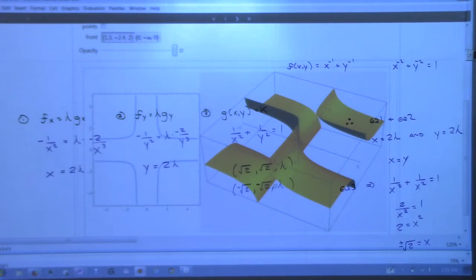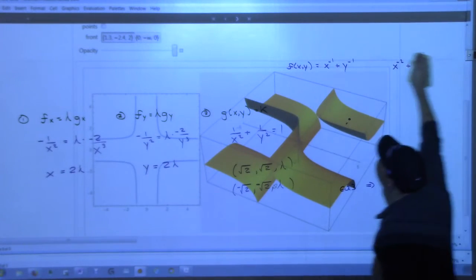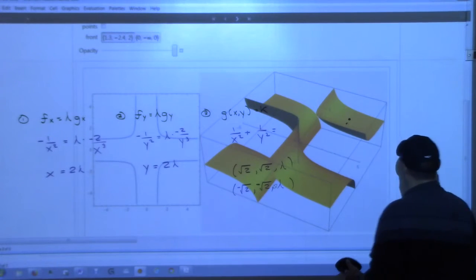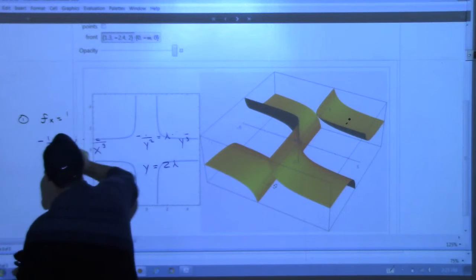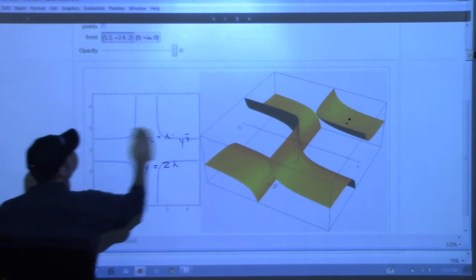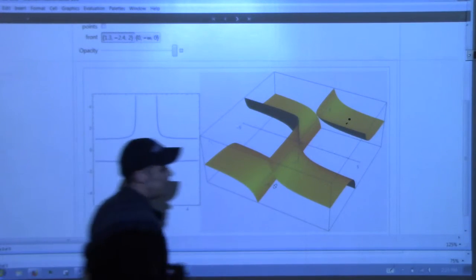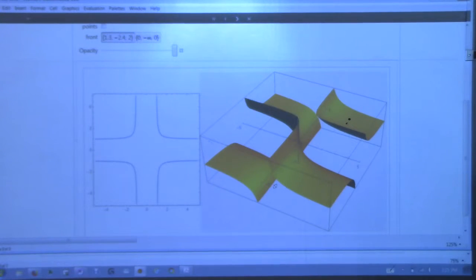Wow, okay, this is a crazy looking surface. This surface is really crazy because the surface is not defined anywhere along the x or y axes, because anywhere along the x-axis, y is 0, and along the y-axis, x is 0.